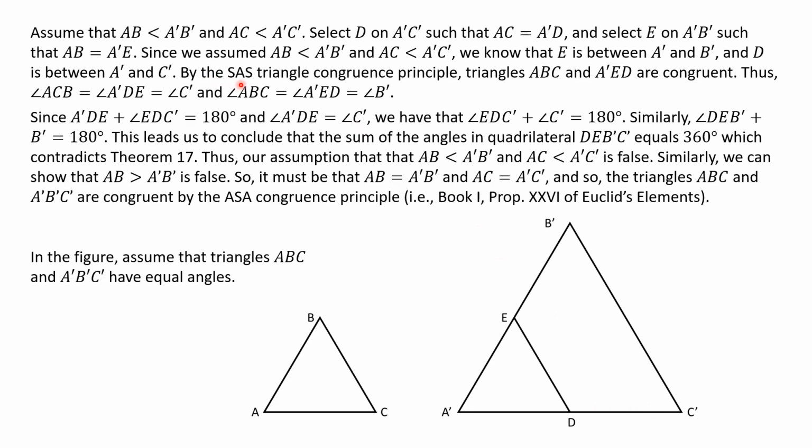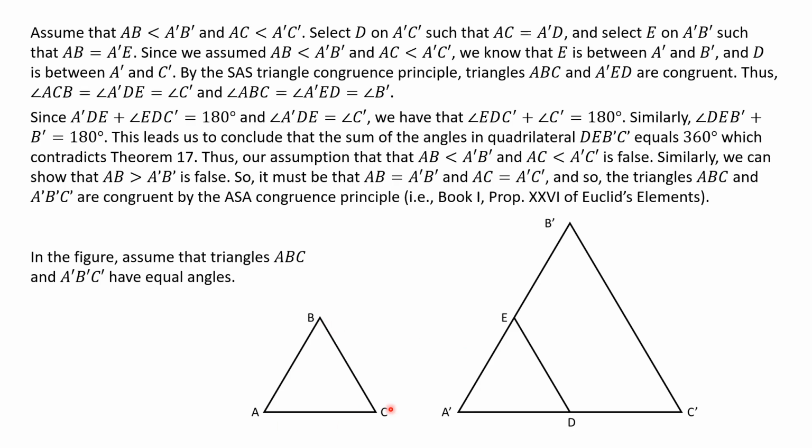Then we use the side-angle-side triangle congruence principle, and we have that triangle ABC is congruent to A prime E D, since we have this side equal to this side, and the angle at A is the same as the angle at A prime, which was the assumption of our proof.